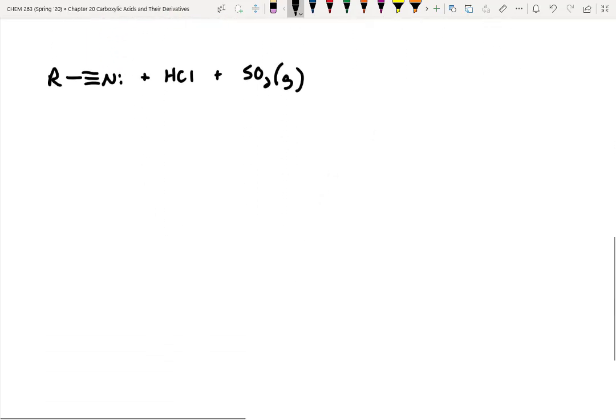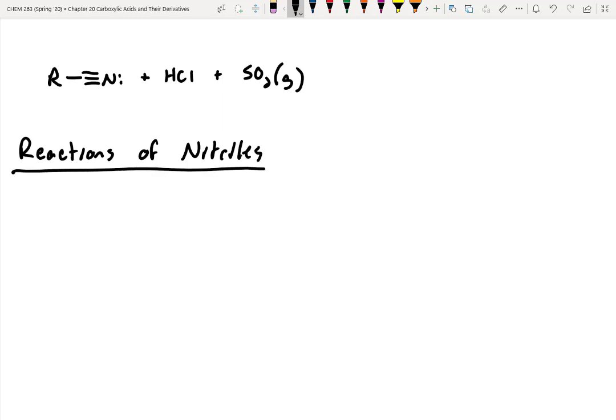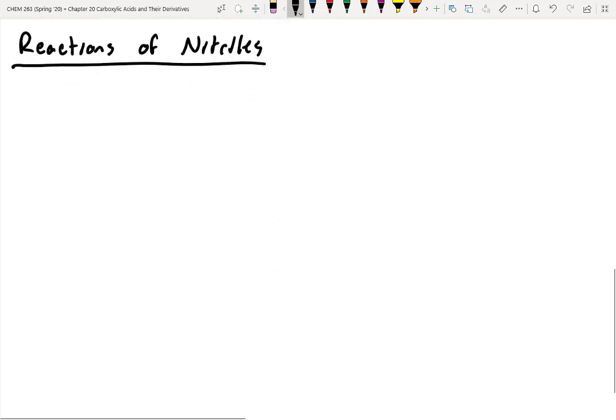All right, so now let's jump into the reactions of nitriles. I can't talk. The reactions of nitriles. And there's a few reactions that are covered in the textbook, so we're going to focus on those. The first one is one we actually saw already in a problem of the day.